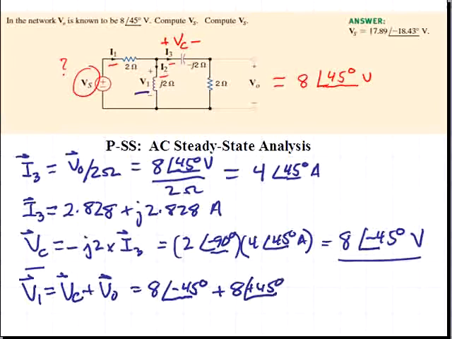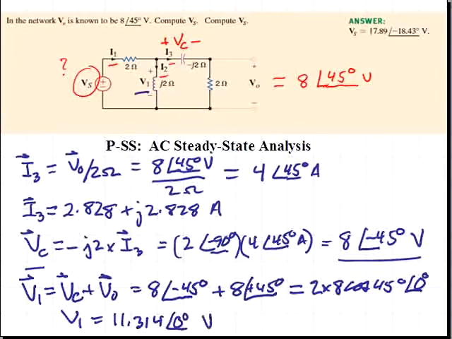Because these have equal amplitudes of 8 volts and they are displaced by plus and minus 45 degrees, the imaginary parts will cancel, and we just have 2 times 8 cosine 45 degrees at an angle of 0 degrees, or V1 is equal to 11.314 at an angle of 0 degrees volts.